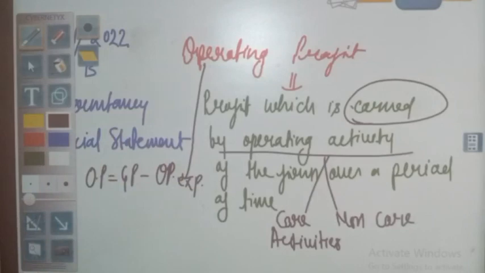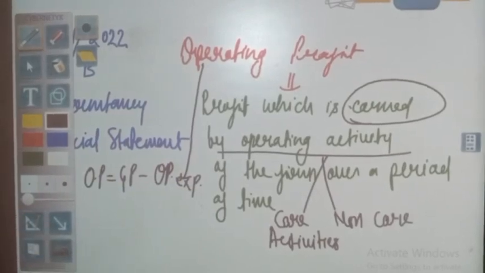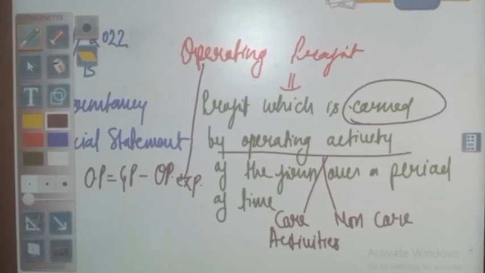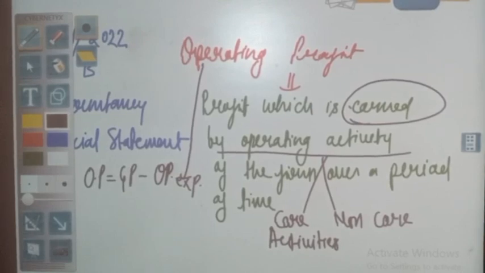Whatever operating expenses have not been recorded in the trading account will be recorded in the calculation of operating profit. Means whatever expenses have not been recorded in the trading account, but since they are related to the normal course of action, are ultimately known as operating expenses.